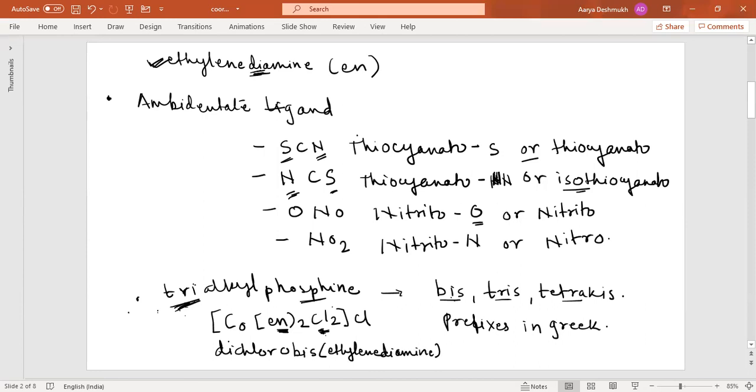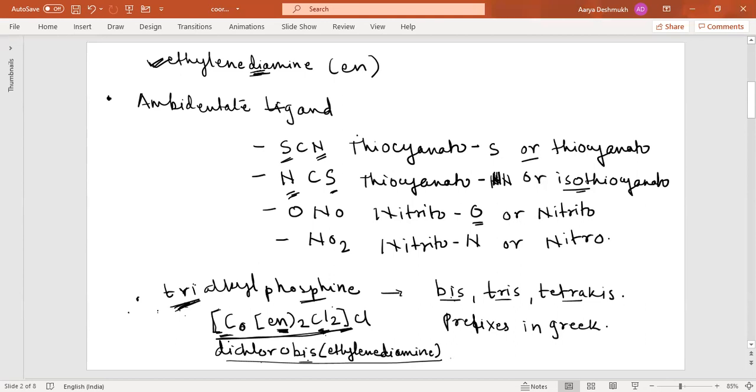Then there should be no space in between, as I told. So this is the thing inside the bracket, no space in between. This cobalt is also inside the square bracket. So while writing, starting from this end to this end, inside the coordination sphere there should be no space in writing the name of each and everything involved in the coordination sphere. So dichloro, this ethylene diamine.